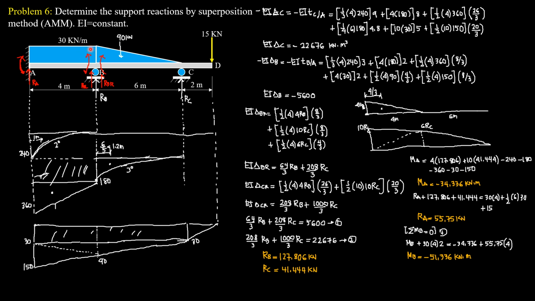So we have MB plus the moment of the load, which is counterclockwise also about B, 30 times 4 times 2, equals MA, and MA is negative 34.336 plus the moment of RA, 55.75 times 4. So MB is negative 51.336 kilonewton meters. So that's it for this example.